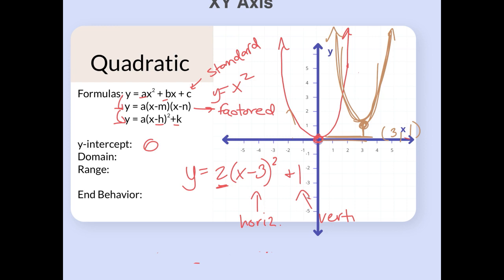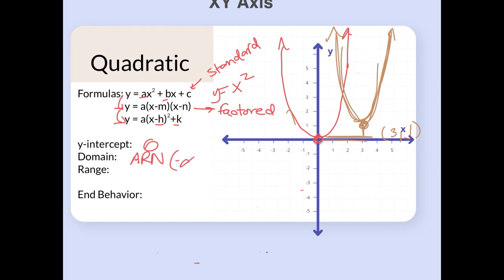So when we take a look at it, domain, as I mentioned up top, our domain is going to be all real numbers, or again, negative infinity to positive infinity, because it hits all of the x values if we were to draw that. And keep in mind that it keeps going forever.